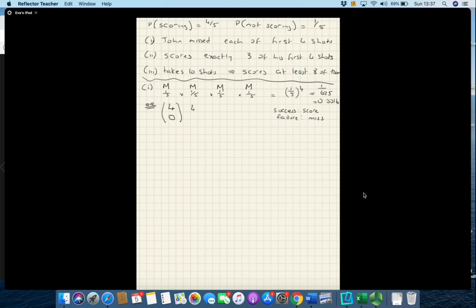The probability of success is 4 over 5, and he's to have scored none of them. The probability of failure is 1 over 5, and he's to miss all 4. When you put it into the calculator, you'll find that 4 choose 0 gives you back the number 1. Anything to the power of 0 is 1. So you end up getting a 5th to the power of 4, which is exactly what we had up the top.